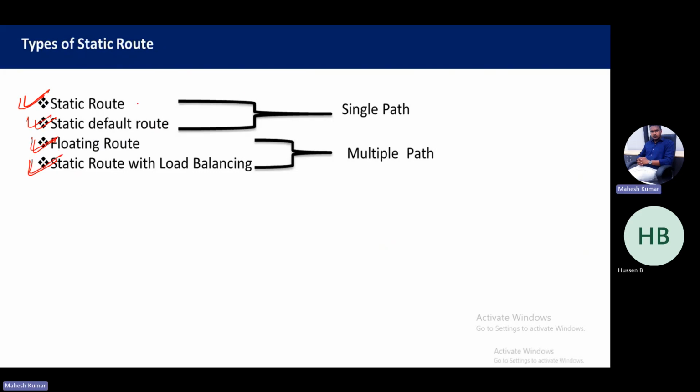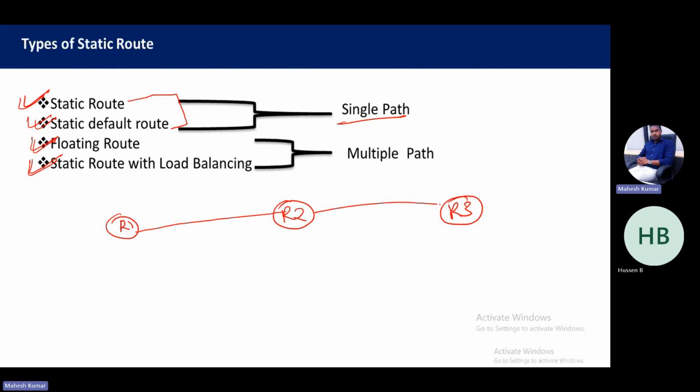Both the static route and static default route are used where we have a single path to reach the destination. Let's suppose this is R1, this is R2, and this is R3.